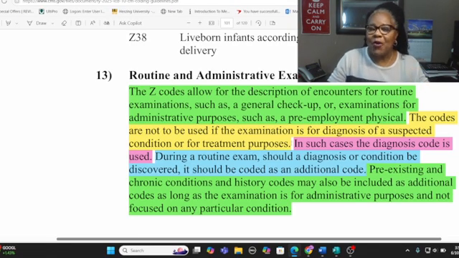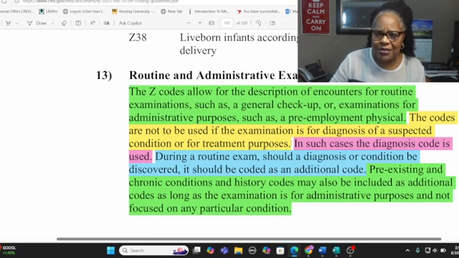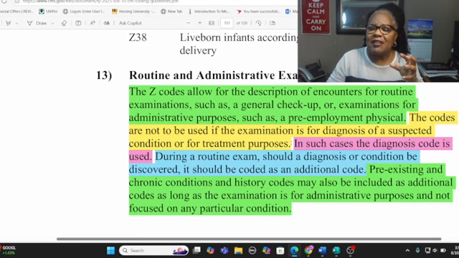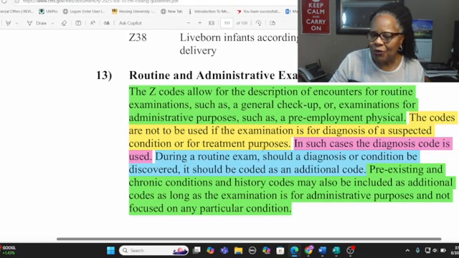When nothing's wrong and you're just going in for that pre-employment physical, you're still using healthcare resources, but there's not anything necessarily wrong with you. And if it's for diagnoses or a suspected condition, then it wouldn't be a Z code.